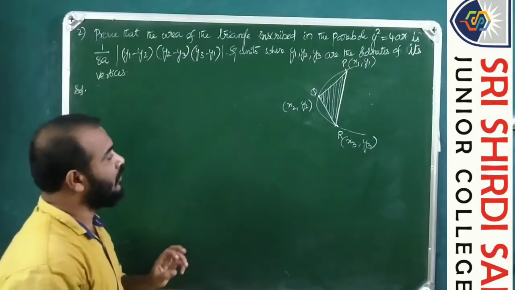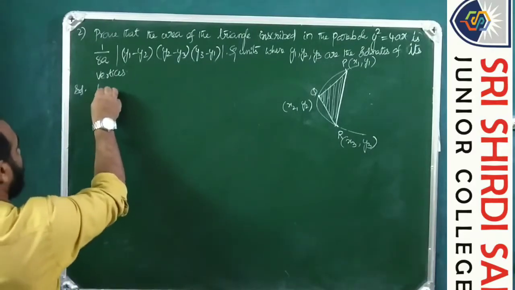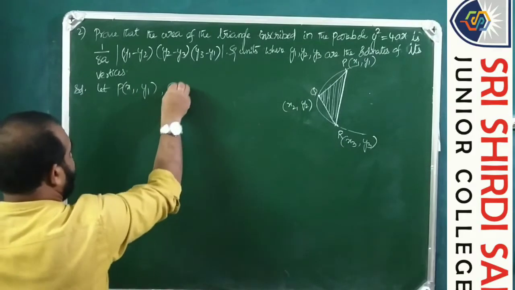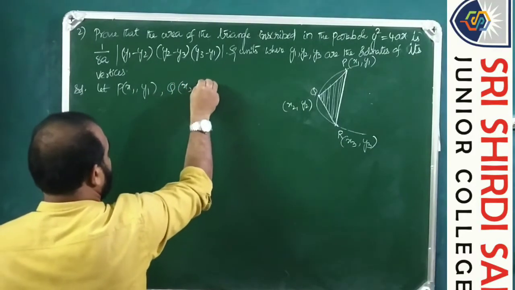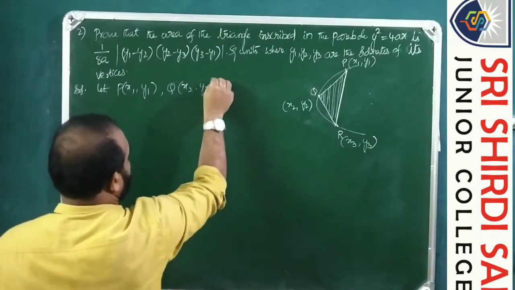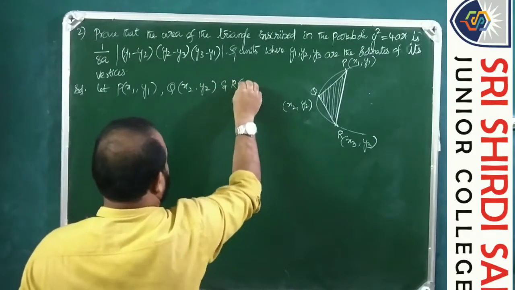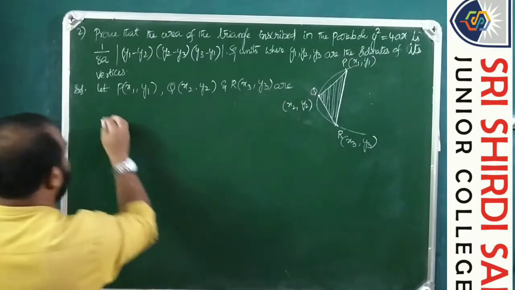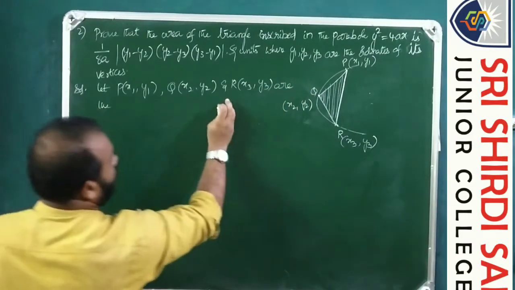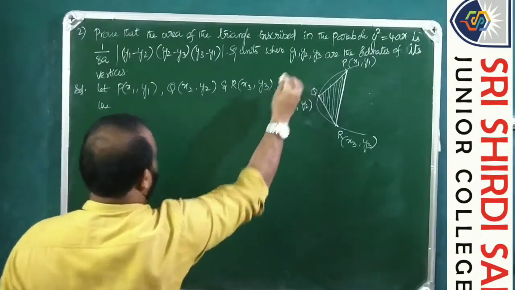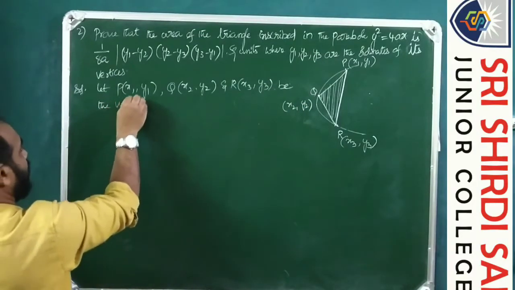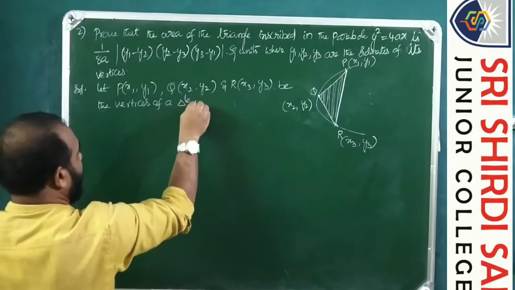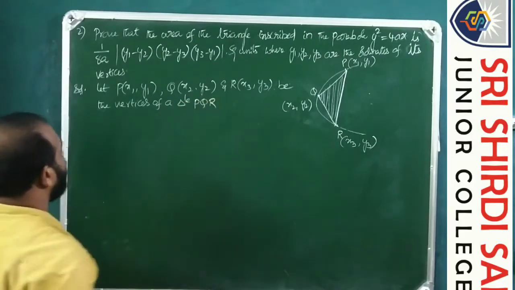Now let P x1 y1, Q x2 y2 and R x3 y3 be the vertices of a triangle PQR.